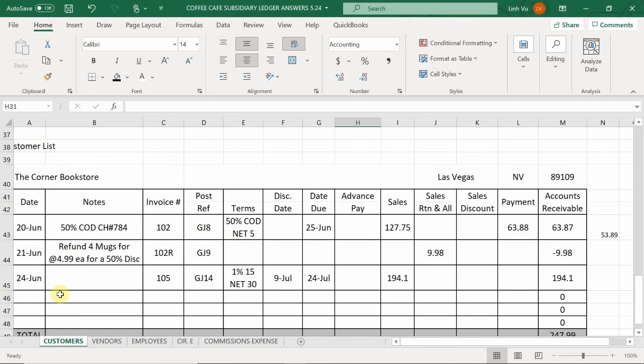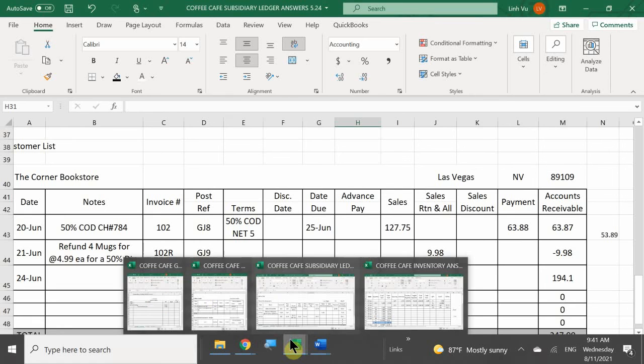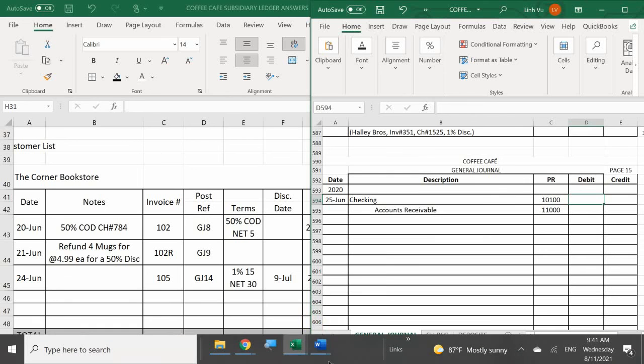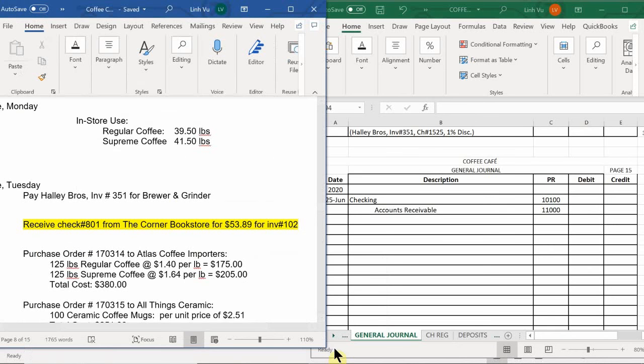Yes, because here the original was 63, but they returned some cups and got a discount, so it reduced it to roughly $10. So now they owe us 53.89. Now, did we give them a discount? Not on that invoice. No. Good. So in this case, it is exactly whatever it says it is. So 53.89.